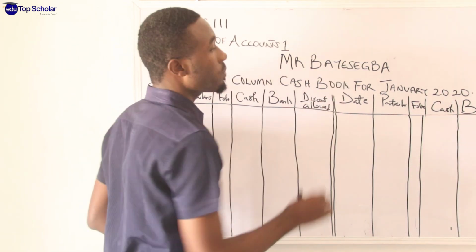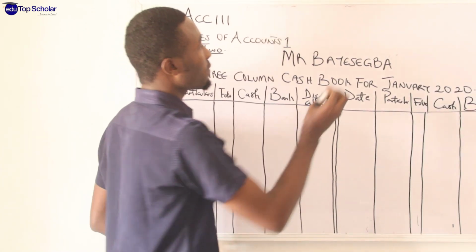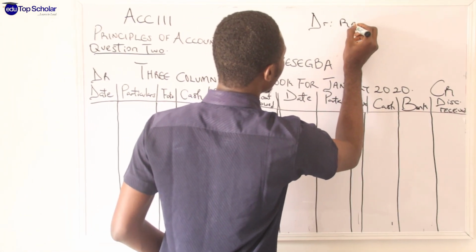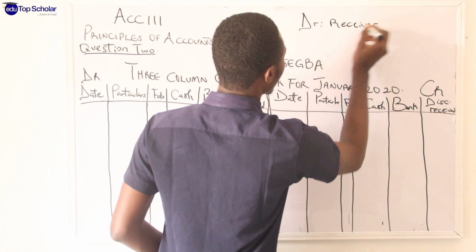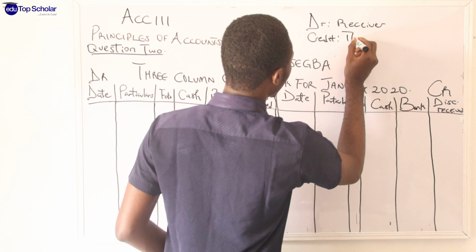The basic principle of double entry and also the principle of debit the receiver and credit the giver.